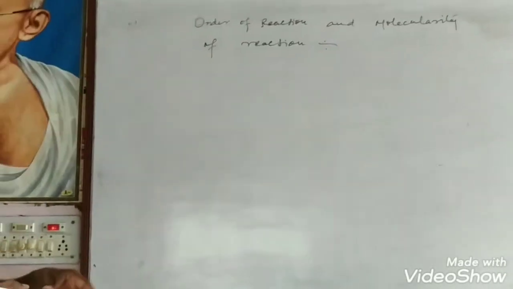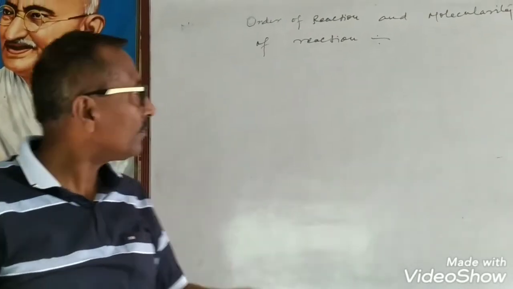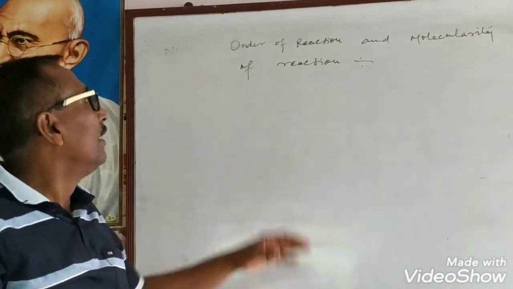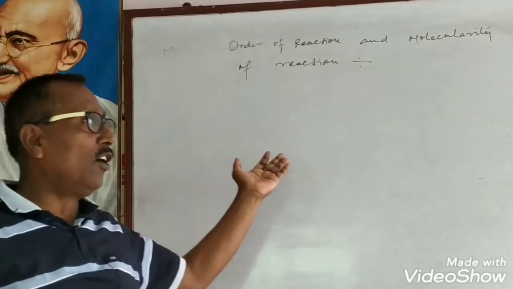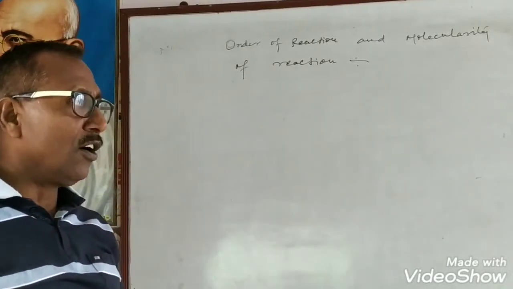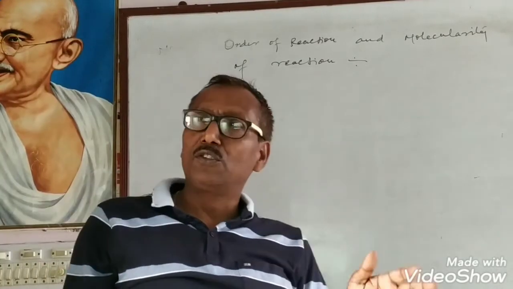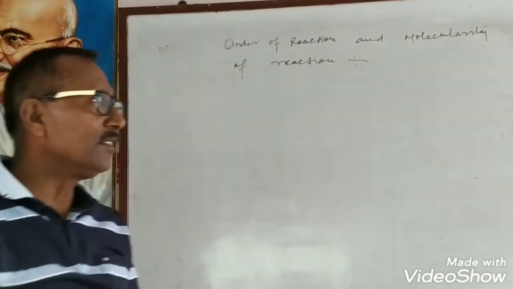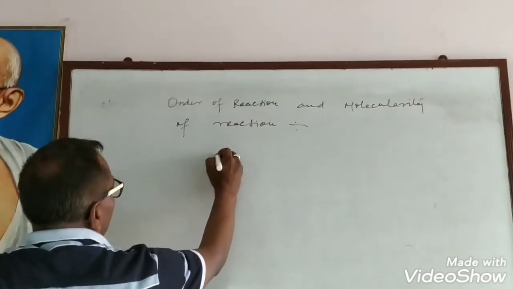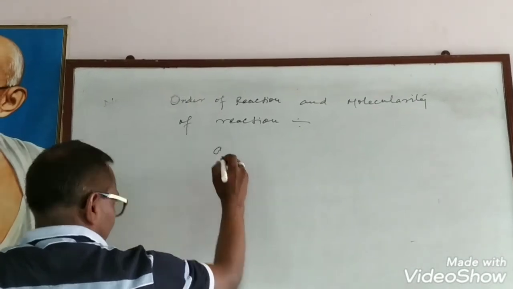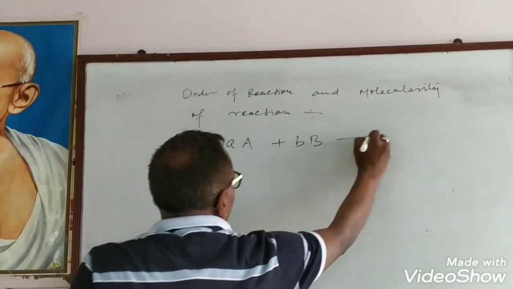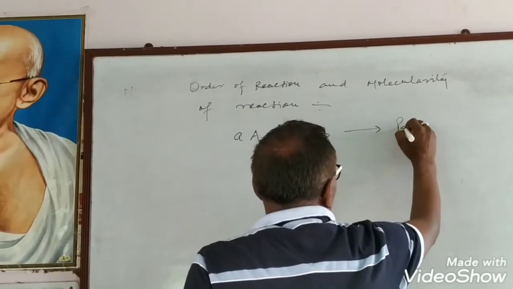Now, first we come to order of reaction. For this, we again remind ourselves of our work on rate law, and we have already discussed that rate law comes through the law of mass action. So again we consider the general reaction, which we have already taken earlier also.